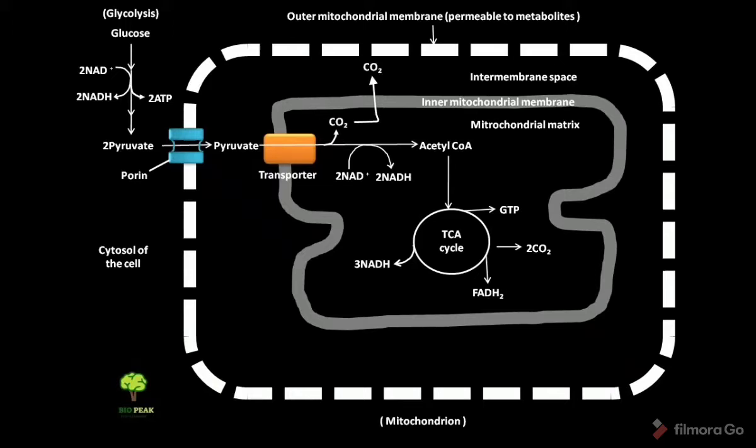The 2 CO2 molecules diffuse out from the matrix. Here the acetyl coenzyme A acts as a connecting link between glycolysis and the TCA cycle. The generation of GTP in the TCA cycle is a characteristic of animal mitochondria.